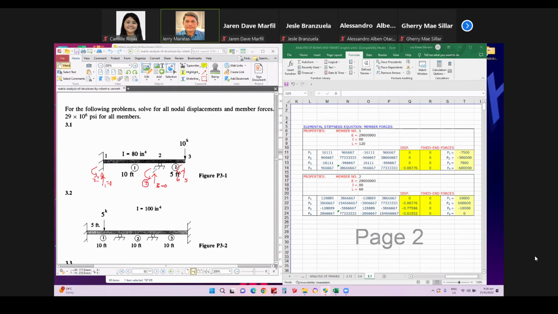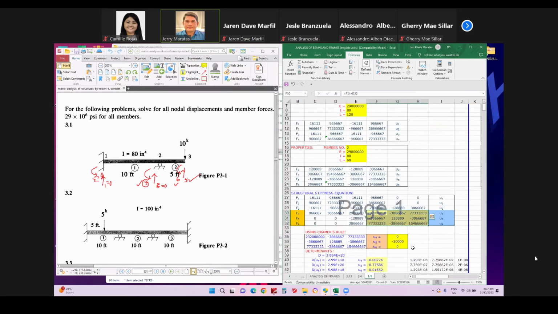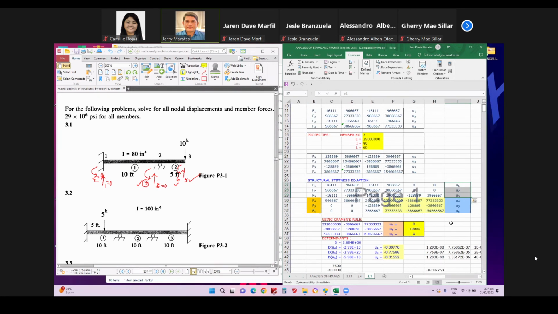But U4 can rotate, so it is not fixed. U5 will of course displace, and U6 rotates since there is no support. So only U4, U5, U6 remain. Since U1, U2, U3 are 0, I have to eliminate the rows and columns corresponding to these zero displacements and rotations.